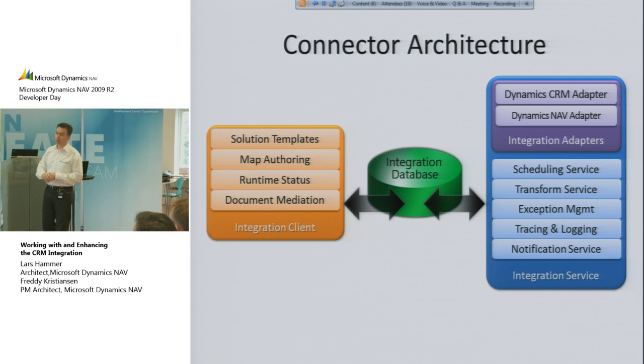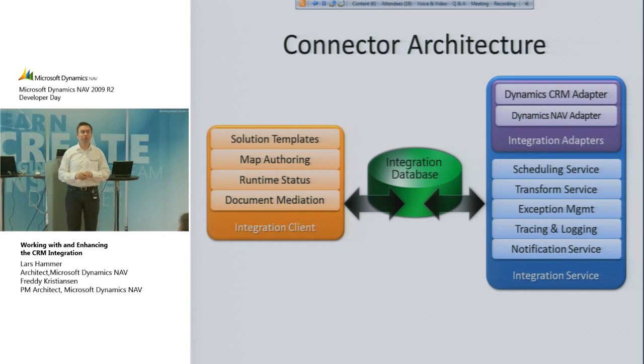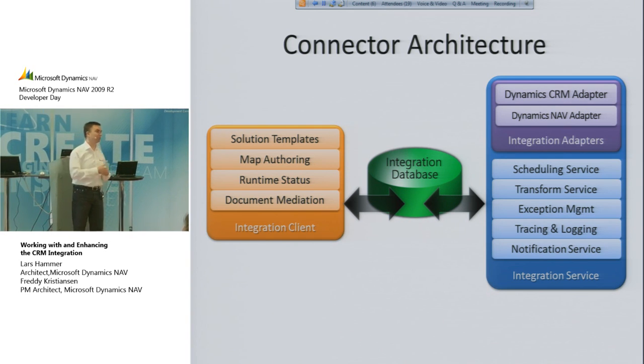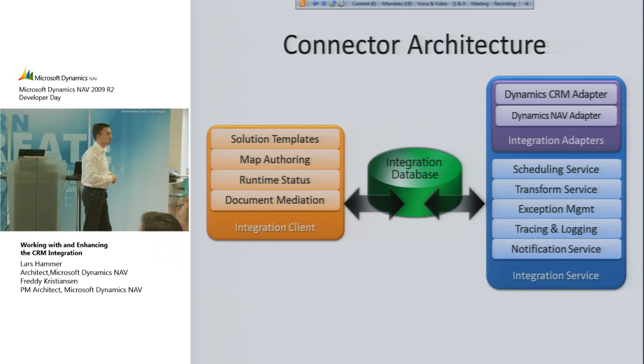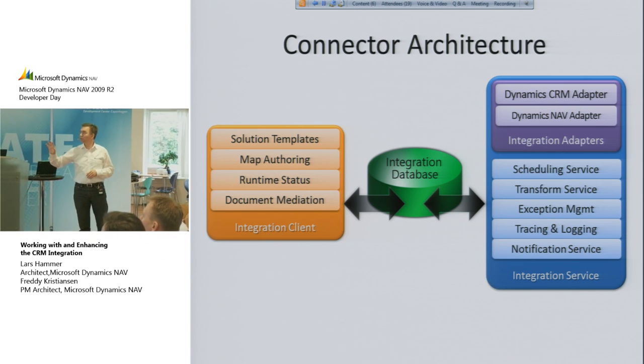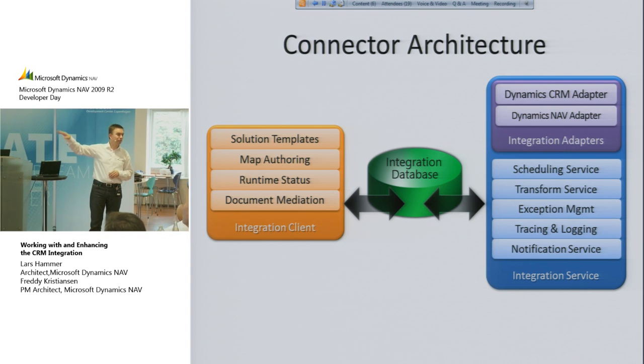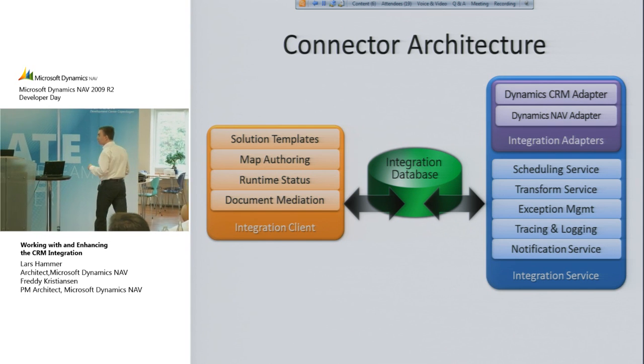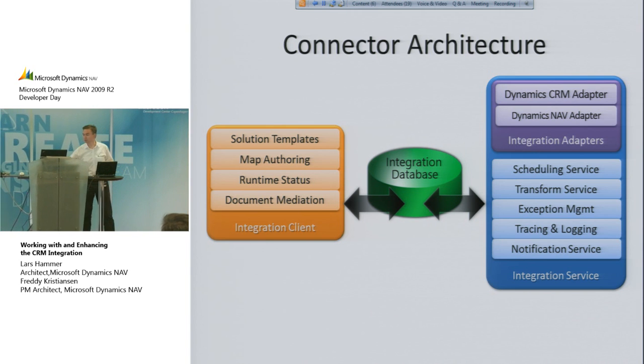Then you've also got an integration client, which is where you define your maps and set up your integrations between systems. We already saw the effects of the runtime executing, and we'll also see in some of the later demos some of the tools for setting up maps. So that's a quick overview of the connector itself.